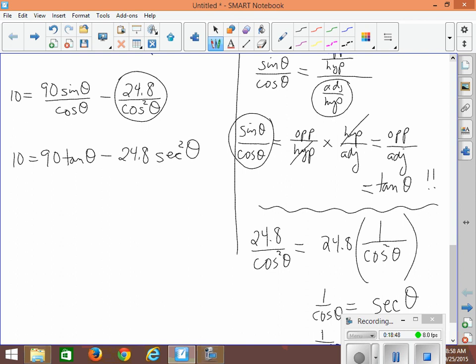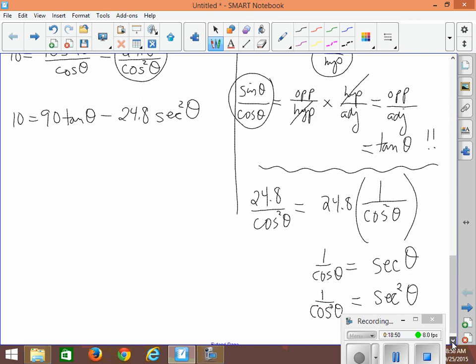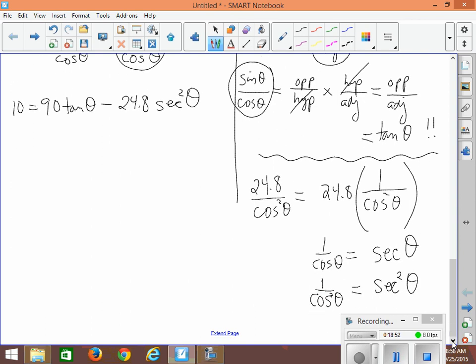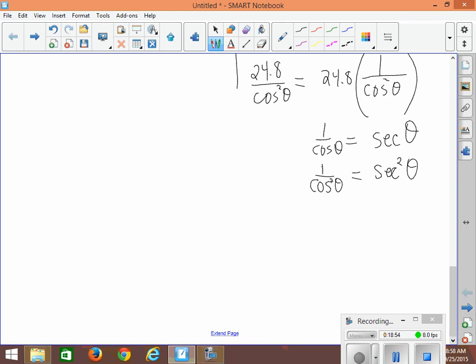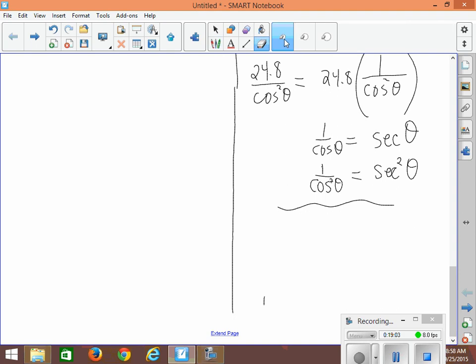So we have to do one more little side experiment in our trig, and I'll do it down here. I'll keep this line here so we don't confuse the solutions.